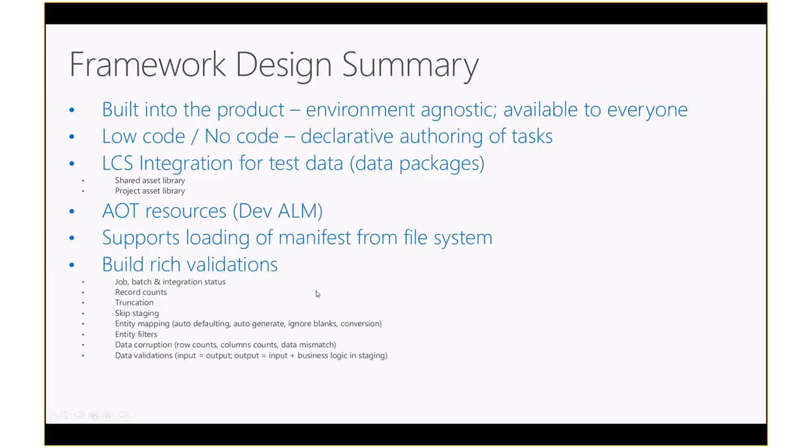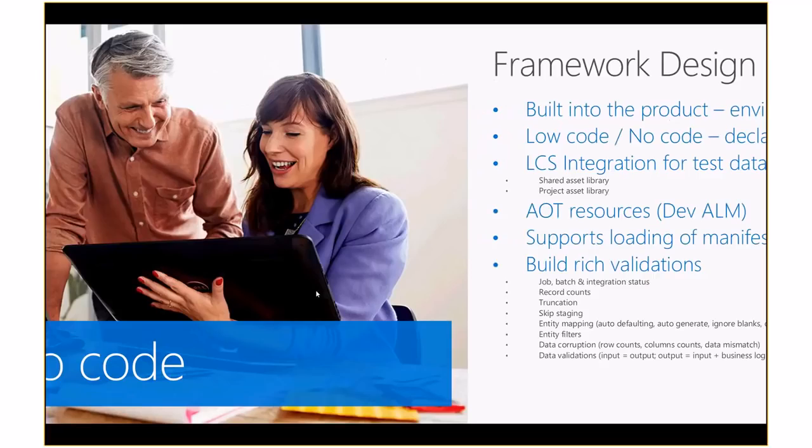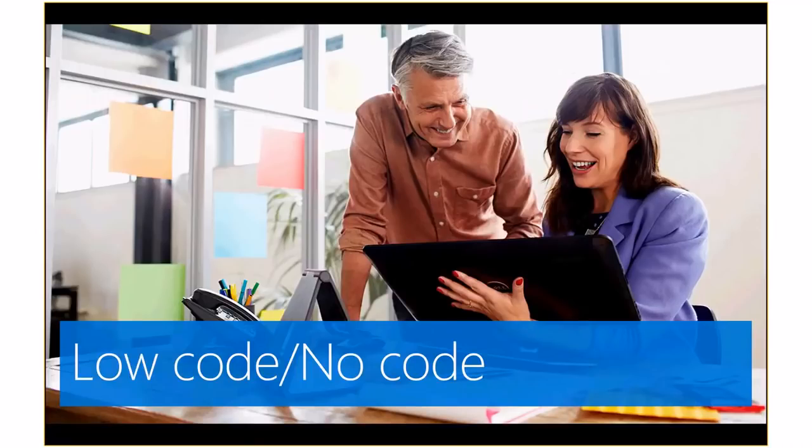Now let's take a look at the low-code, no-code concept and what the manifest looks like. So at a high level, the XML manifest has two big groups. One is the shared setup group.